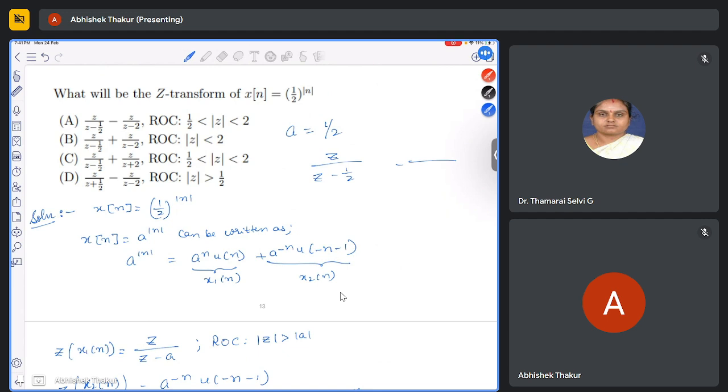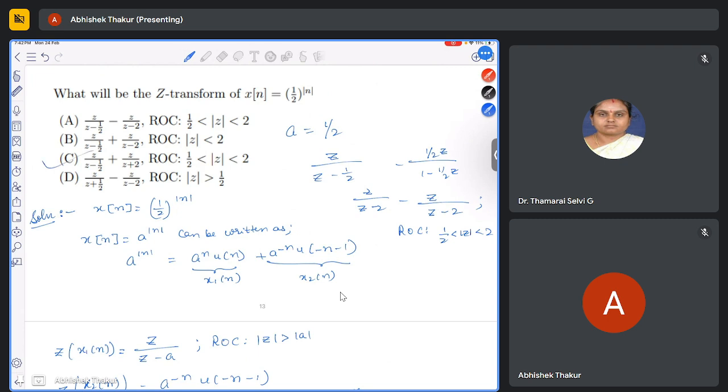Now a of z, that is (1/2)z divided by 1 - (1/2)z. So this will be the answer, and the ROC will be mod of z greater than 1/2 and less than 2.